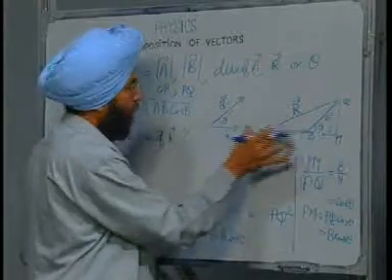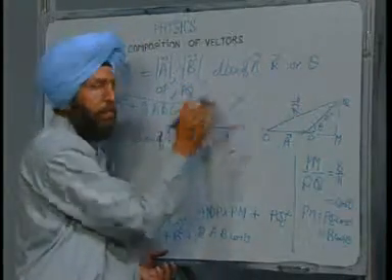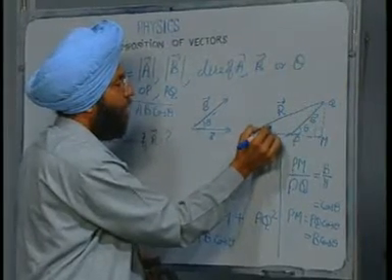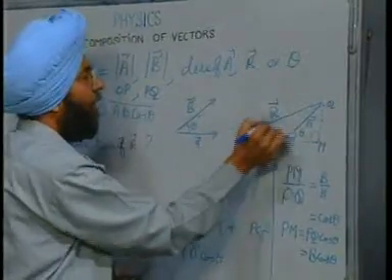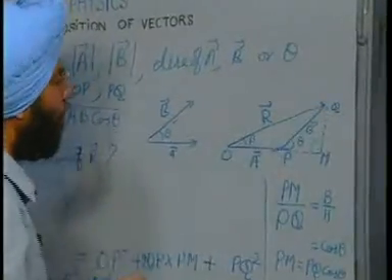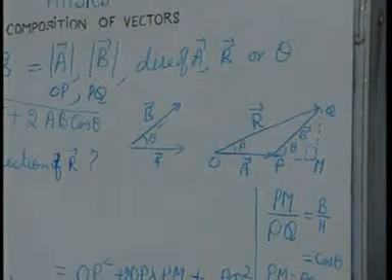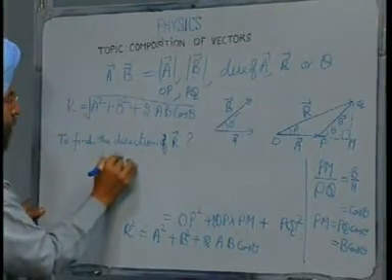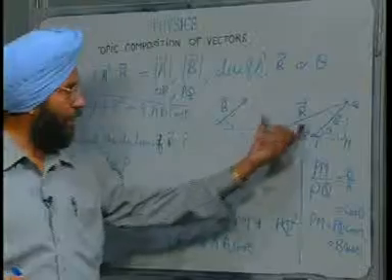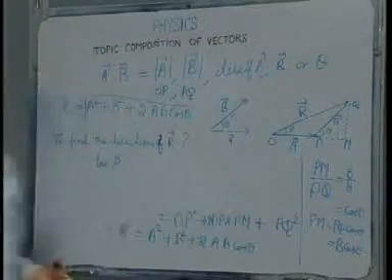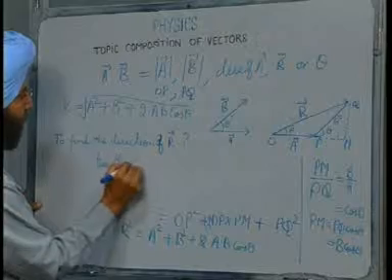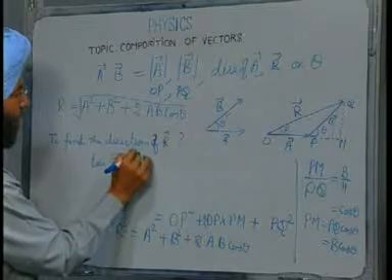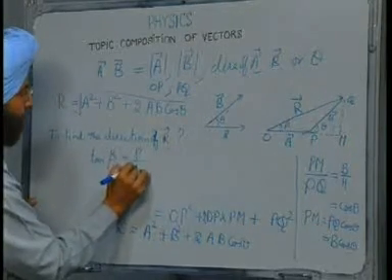Now, we know the direction of A, and we know the angle, so we can find the direction of OQ. So, we use this angle beta. Beta is the angle between the resultant and A vector. So, tan beta is equal to perpendicular over base.